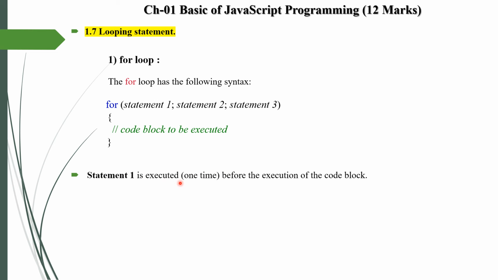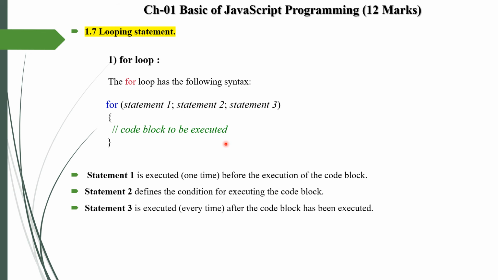First, statement 1 is executed one time before the execution of the code block. So simply, in the first statement we write the initial value of the loop. Then statement 2 defines the condition for executing the code block. So in the second statement we write the condition up to which the loop is executed.